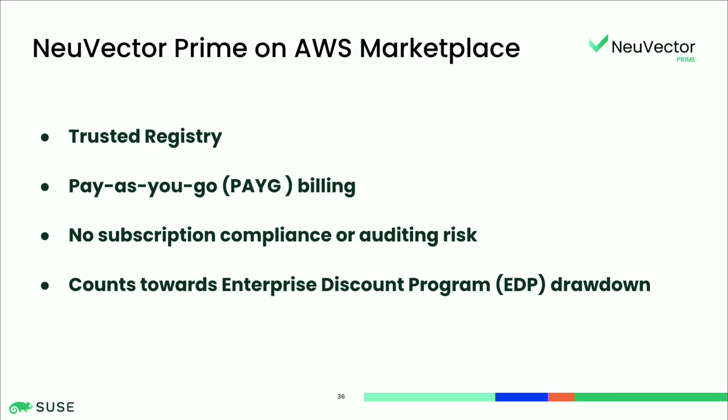The format is pay-as-you-go, consumption-based billing. So there's great value for the money. You're not going to subscribe to something you only use part of. You pay as you go, so to speak. And there's no auditing, there's no compliance risk.